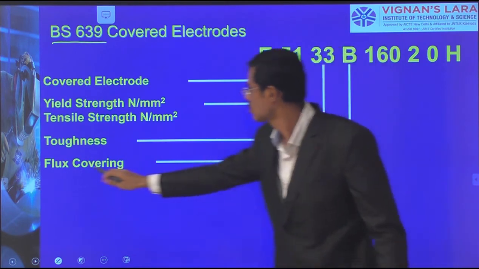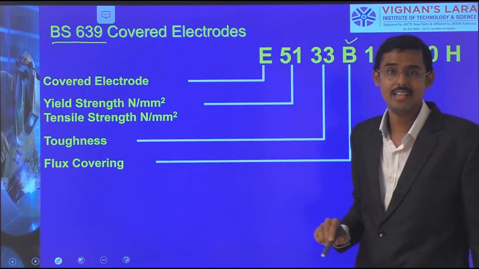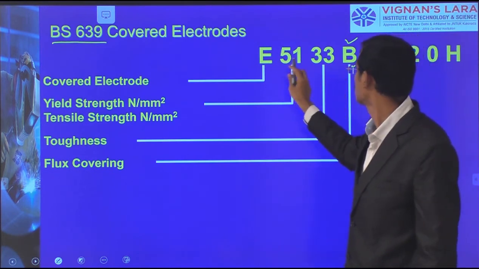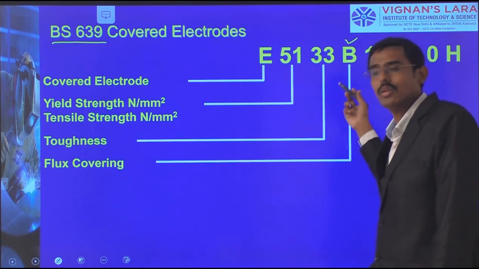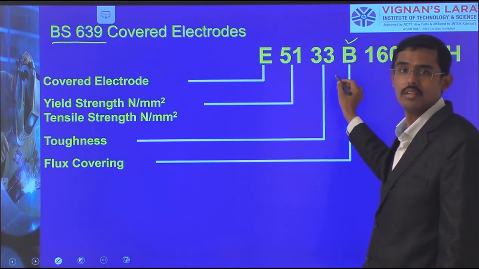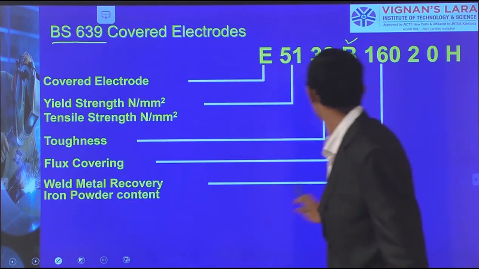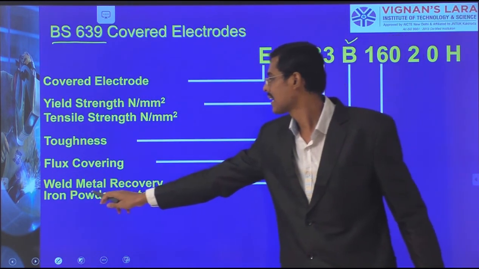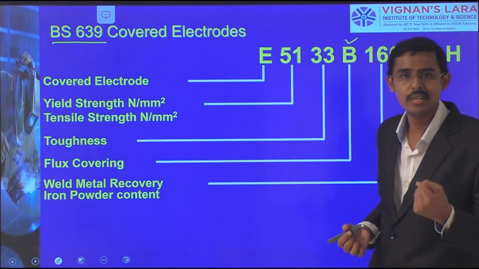Next, the B belongs to the flux covering. This belongs to the basic fluxes. In the same place, in the 1st, 2nd, 3rd, 4th category, they may have cellulose or rutile. In case of rutile, an R will be there. The next one belongs to weld metal recovery, the iron powder content: how much iron we are adding for arc stability.